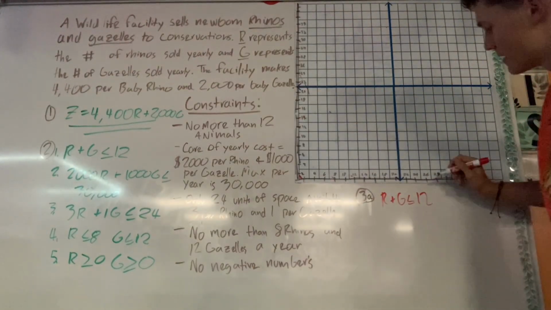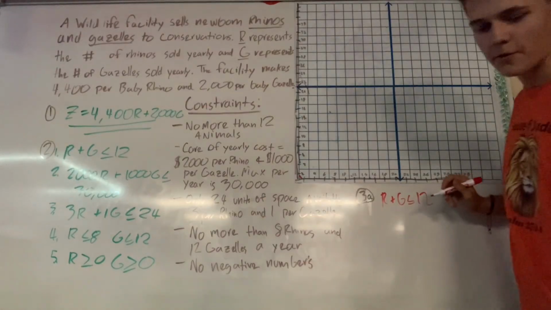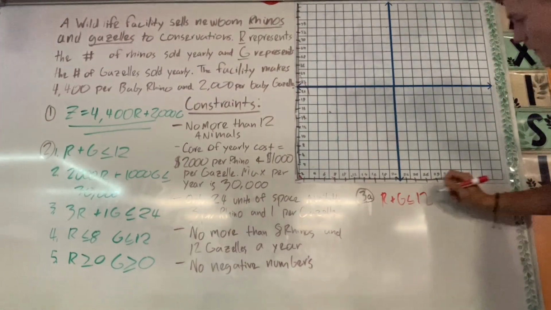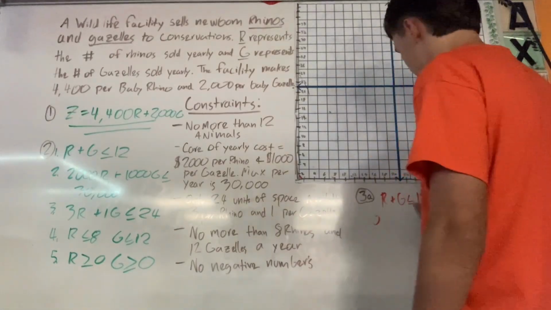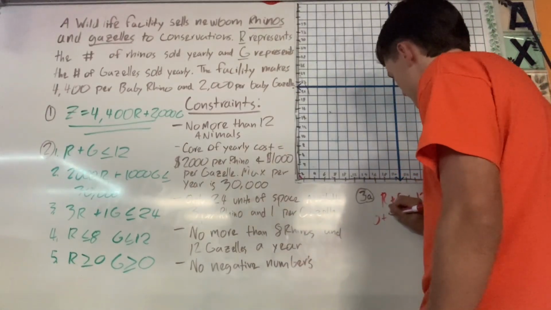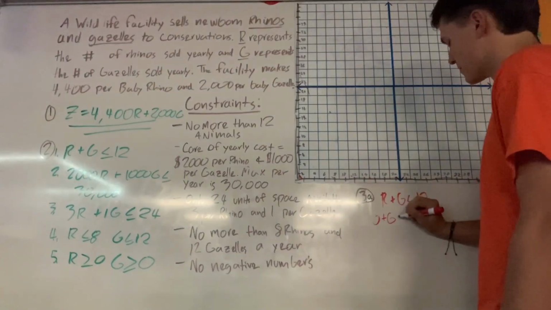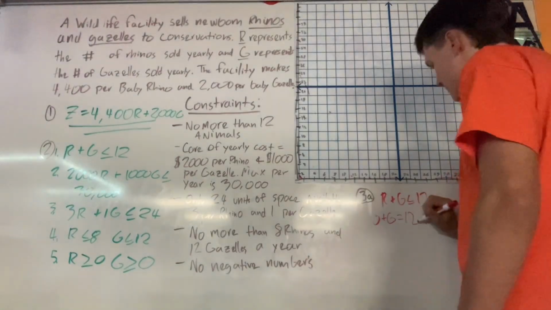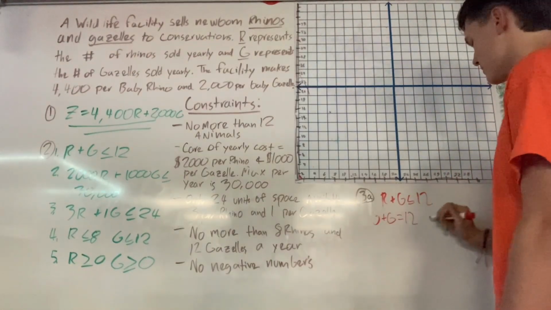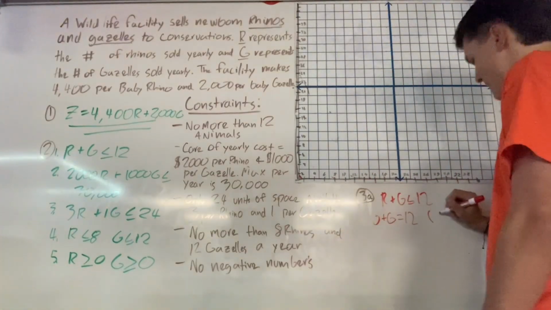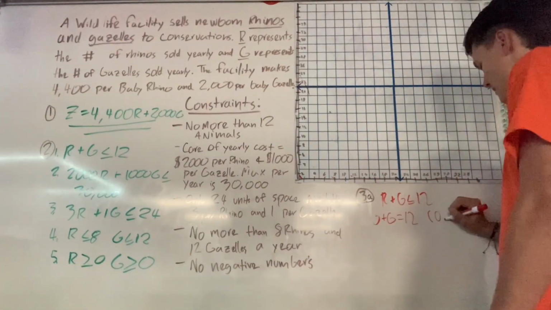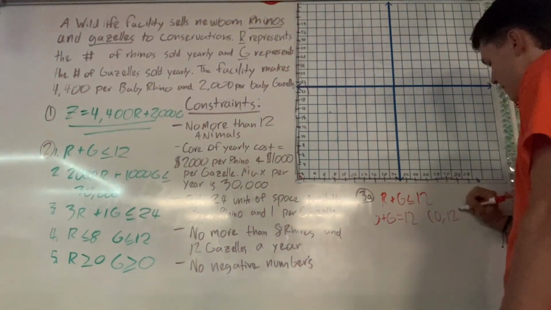And so all we do is set the variable equal to 0 and solve for the other. So what we're going to do is set R equal to 0 and then keep G. And then we're going to change this to an equal sign. So now we know that G is equal to 12 when R is equal to 0. So our first point, R, which is 0, and G, which is 12.